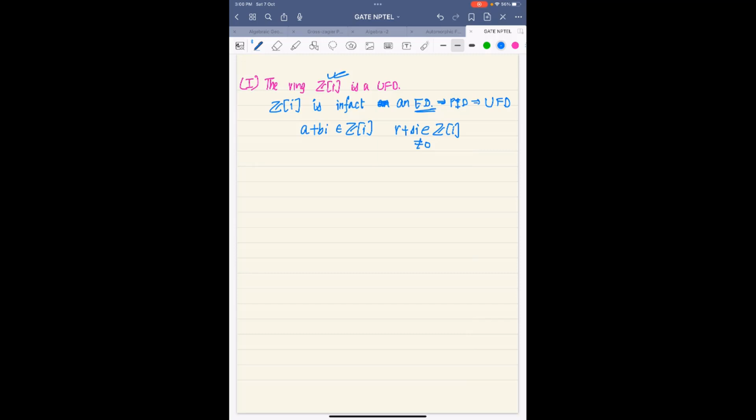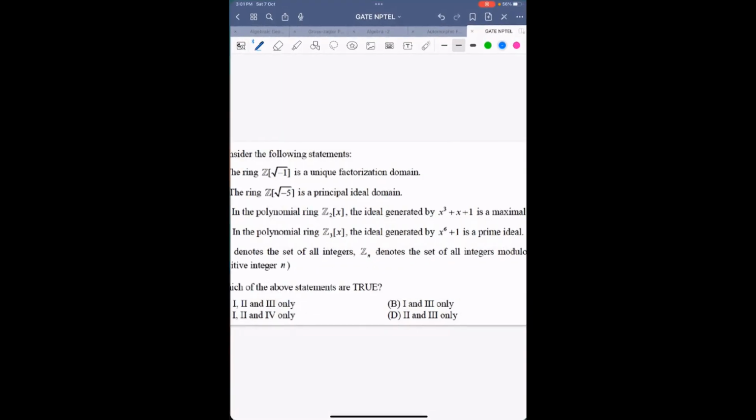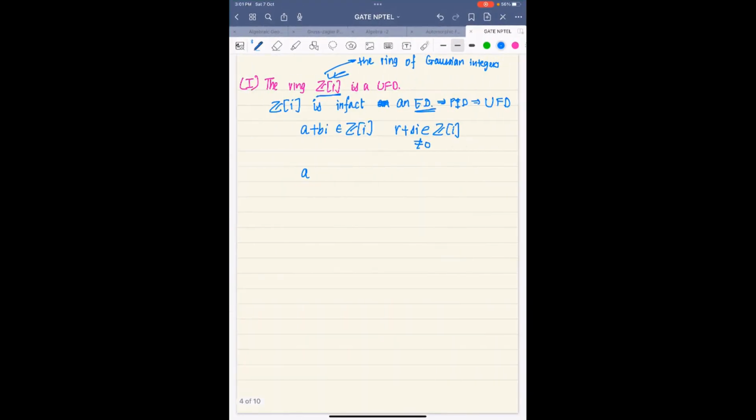By the way, this ring is called the ring of Gaussian integers. So what do we want?